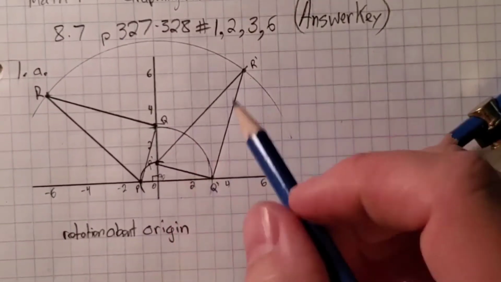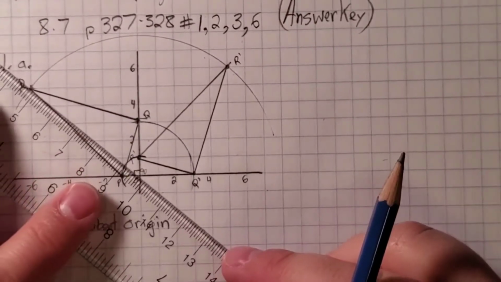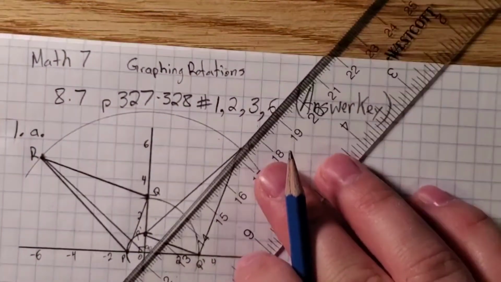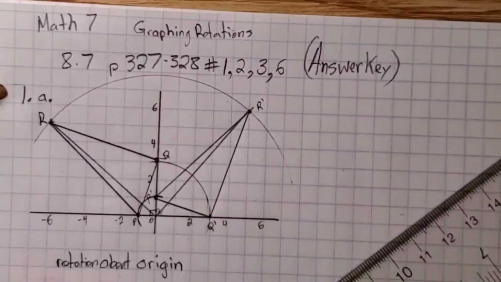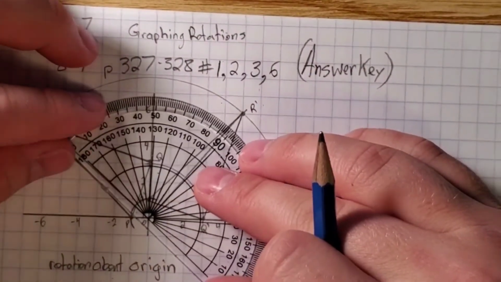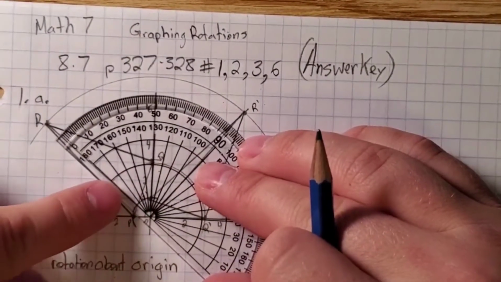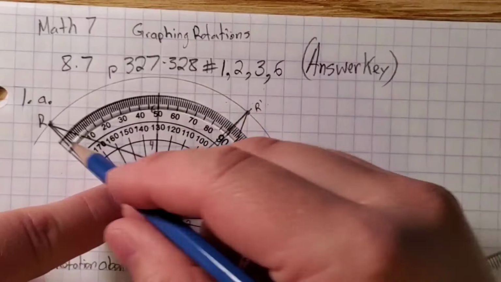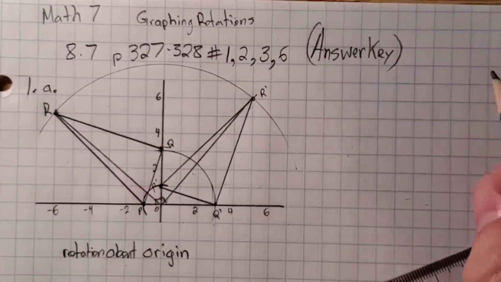If we were to take our ruler and connect each of these points to the origin, and then use our protractor, line up one line of it with the center, then it would line up at 90 degrees. And that would work for all three of them. So it is a 90-degree angle.